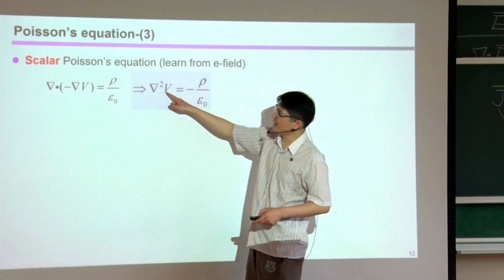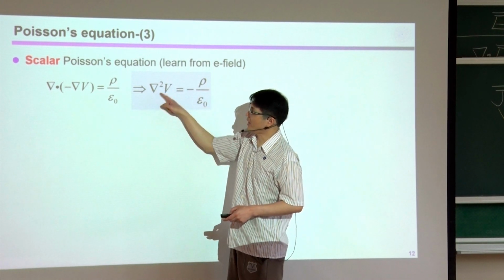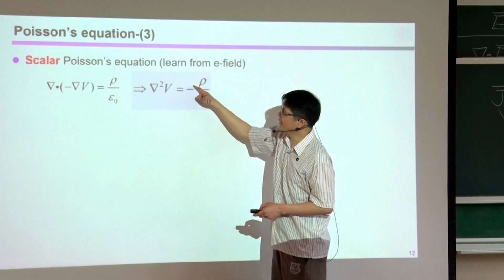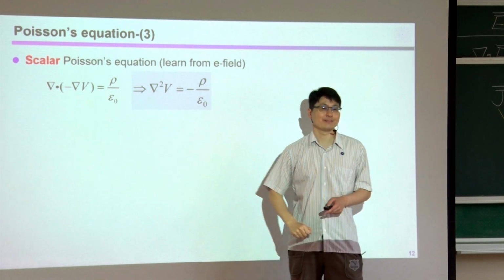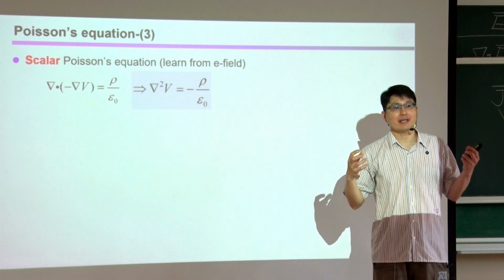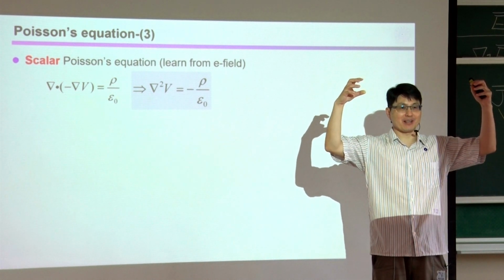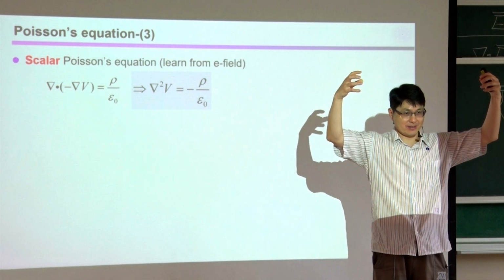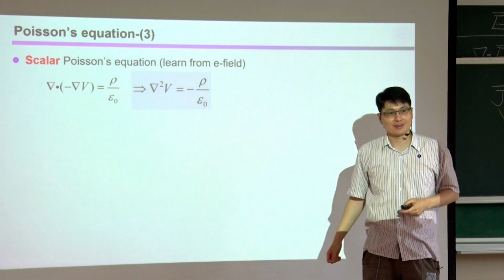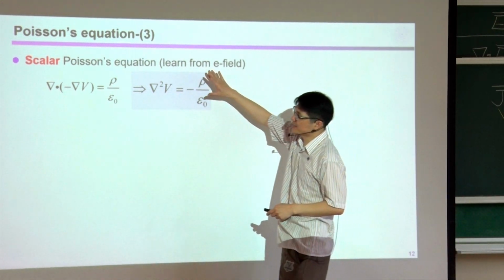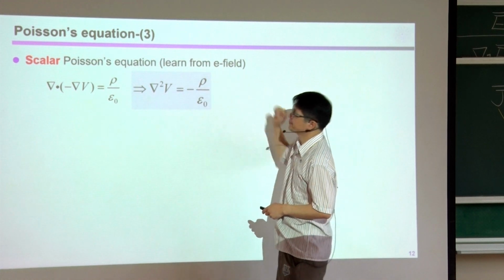You have a scalar quantity and you have the Laplacian operator, which equals a negative quantity. Again, I'm drawing a one-to-one correspondence between the E field and magnetic field. Right? So this is called the scalar Poisson's equation.